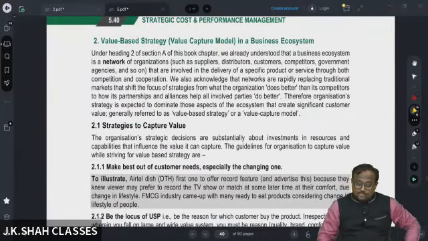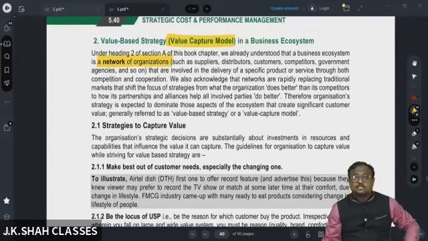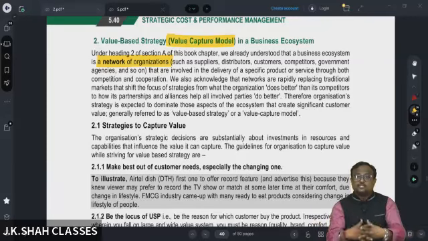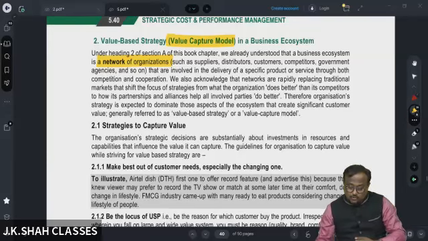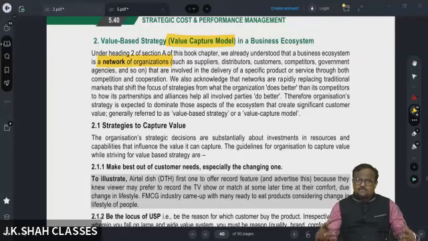Second, value-based strategies. Value capture model in business ecosystem. What do you mean by that? We have realized one thing, that a business ecosystem means a combination of various networks. If you have a great ecosystem where suppliers, distributors, customers, competitors, government agencies and everyone is working as a system, it's an ecosystem.